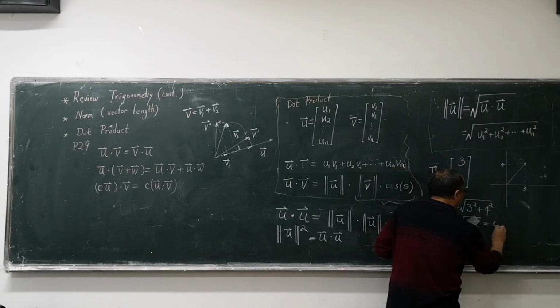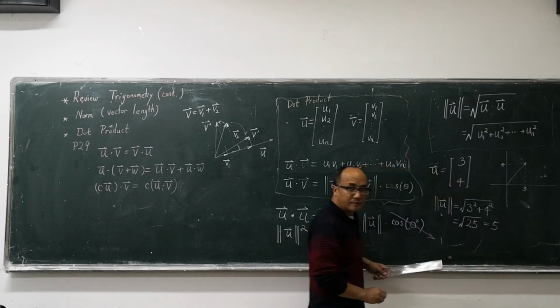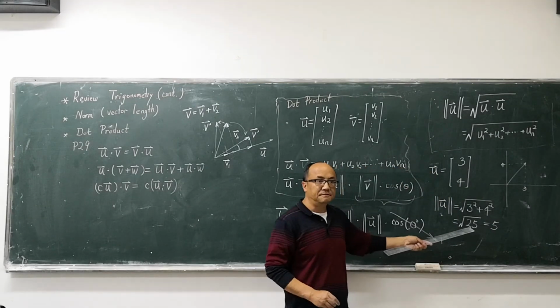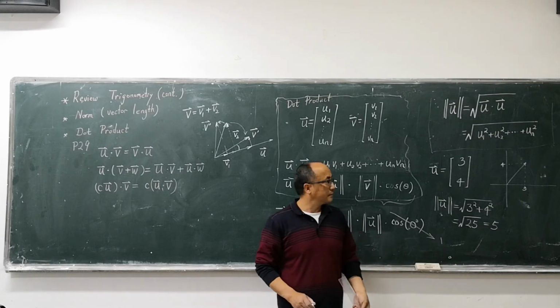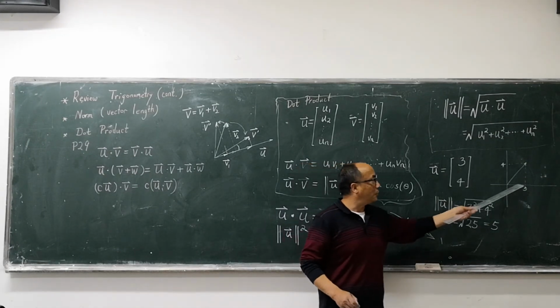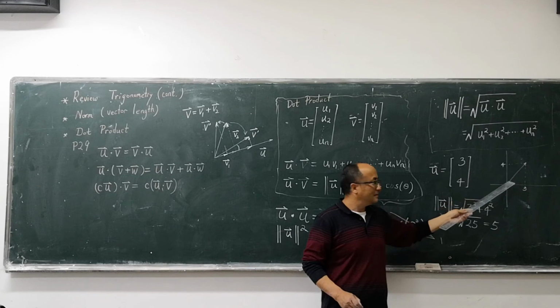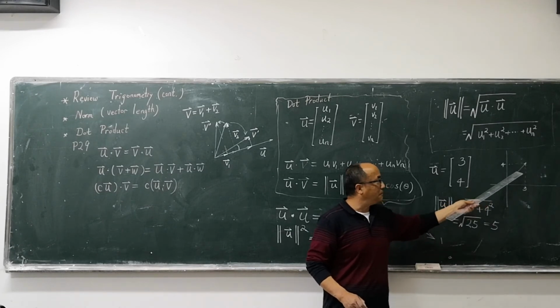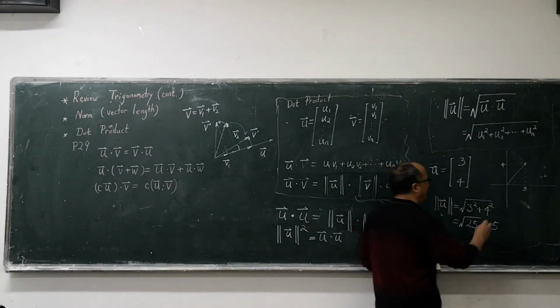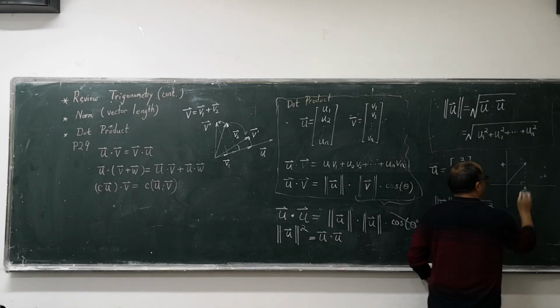It's a 5. This is a Pythagorean triple, 3, 4, 5. Okay.